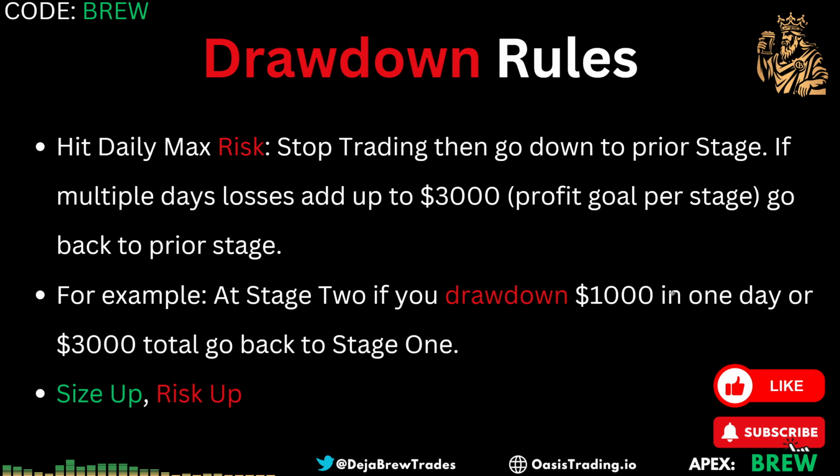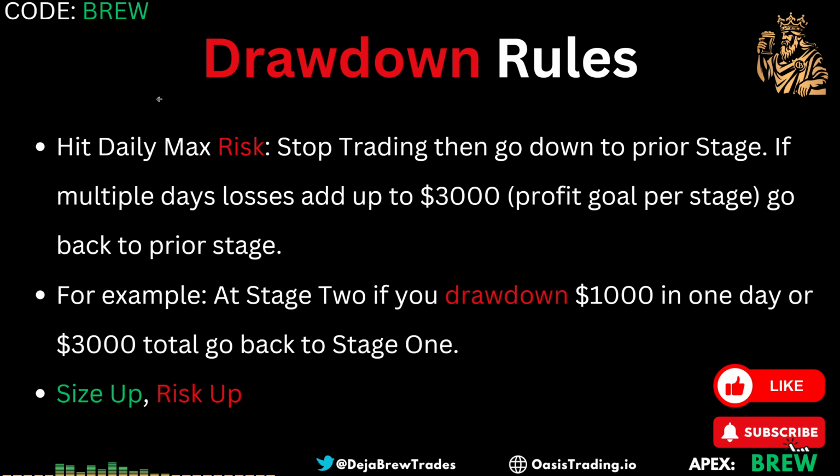So let's talk about some rules. Drawdown rules: if you hit your daily max risk, stop trading and go down to the prior stage. So if you're at stage 2 and you hit that $1,000 in your max risk, go back to stage 1. Go back to that smaller size and then try to be more consistent with it. If multiple days' losses add up to $3,000, the profit goal per stage, right?